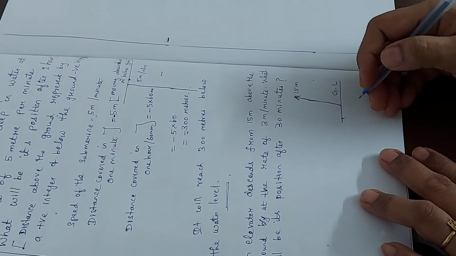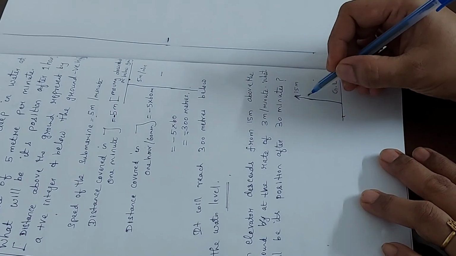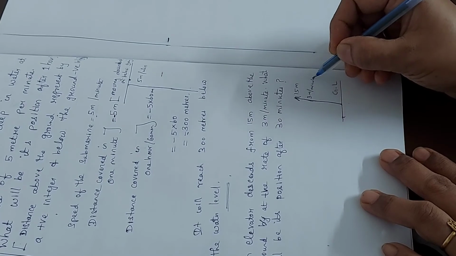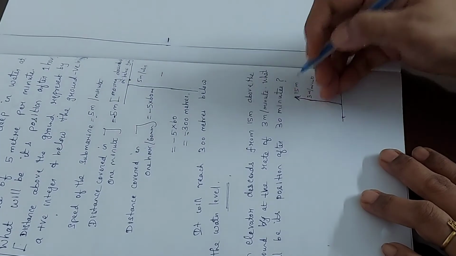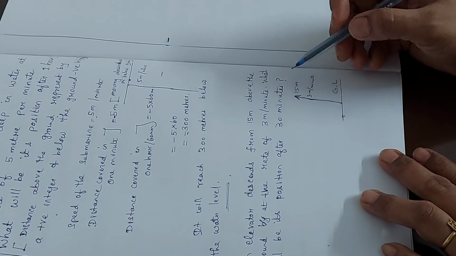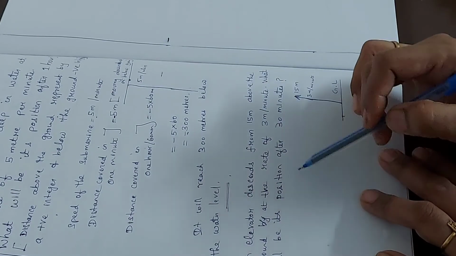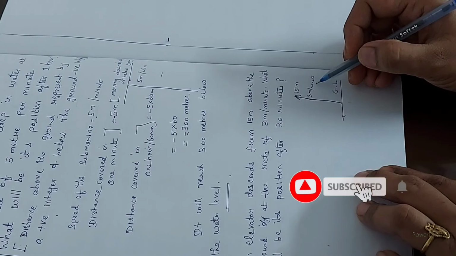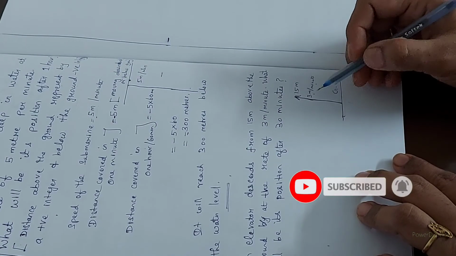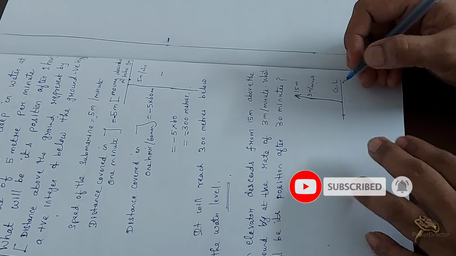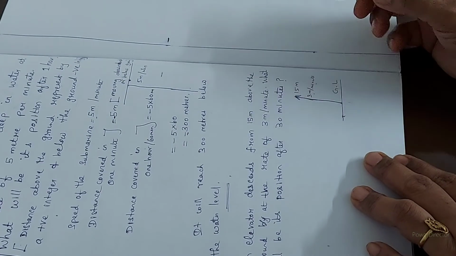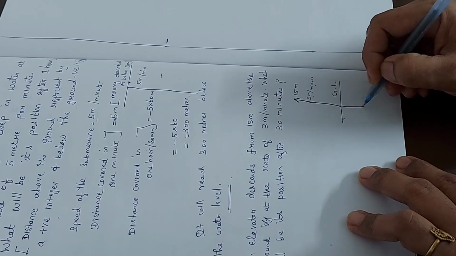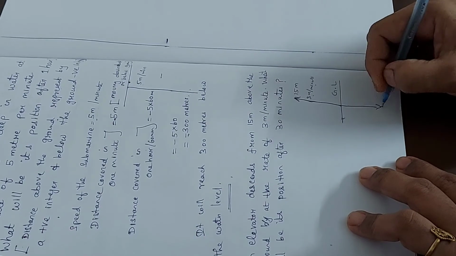It is coming down actually. So it reaches 3 meter per minute. Within a minute it is coming down 3 meter. Okay, so what they are asking, what will be its position after 30 minutes. See, if in a minute it moves 3 meter, then what distance it should have covered within 30 minutes they are asking. So it will go beyond the ground level, right?